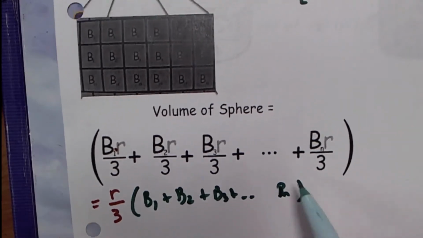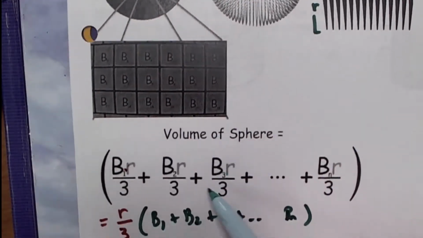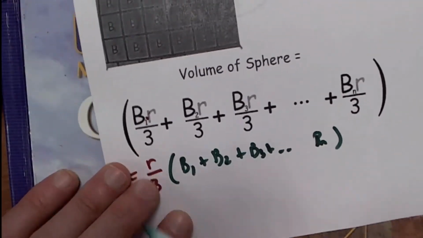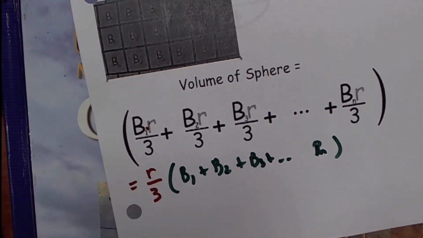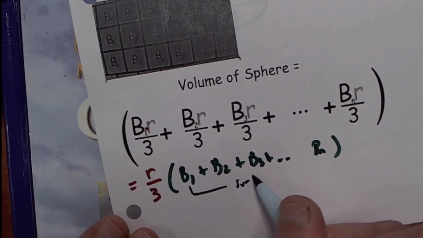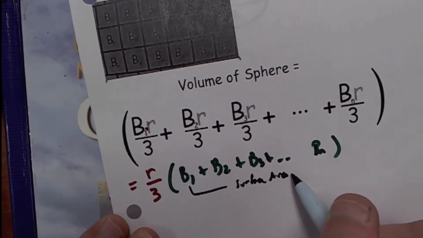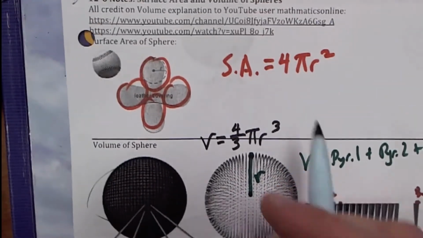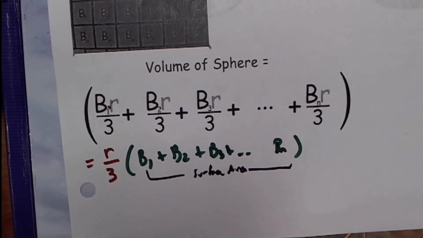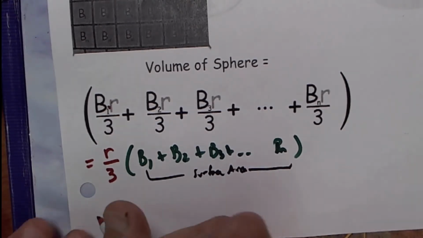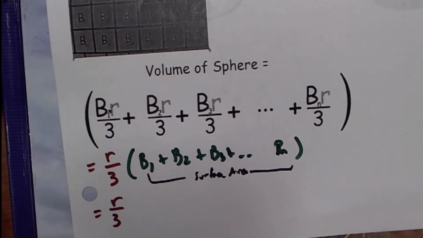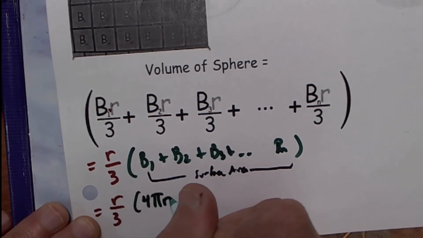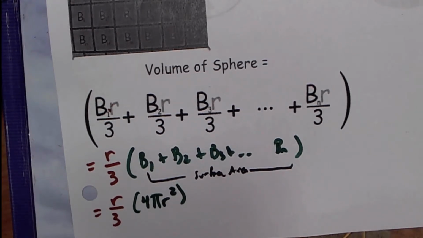And so again, what's B1 plus B2 plus, if you add up all these things, that simply gives you the outside surface area, right? That gives you the surface area. And if we turn this into the surface area formula, which we said was 4 pi r squared, again, what we can do is just multiply straight across.